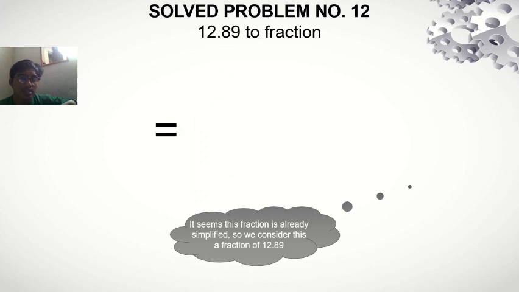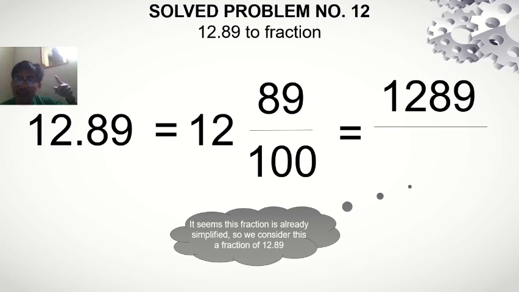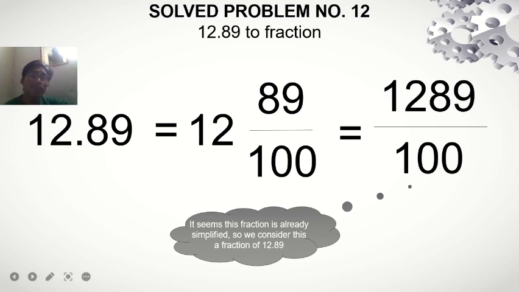Next, how about this? It has a whole number. This is a mixed decimal because you have a whole number. The 89 is in the hundredths place at the end, so you have 100. Then it is your choice if you are going to convert this to an improper fraction. How do I convert it into an improper fraction? 100 times 12 is 1,200.